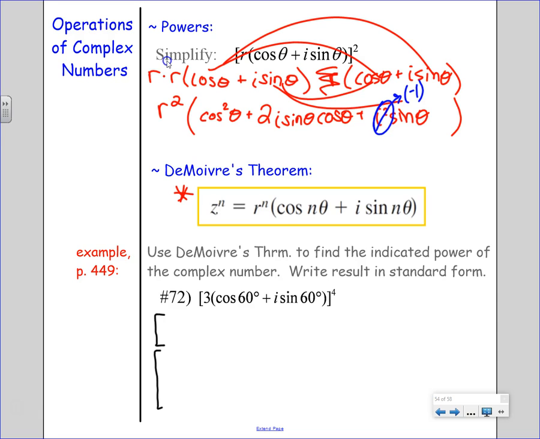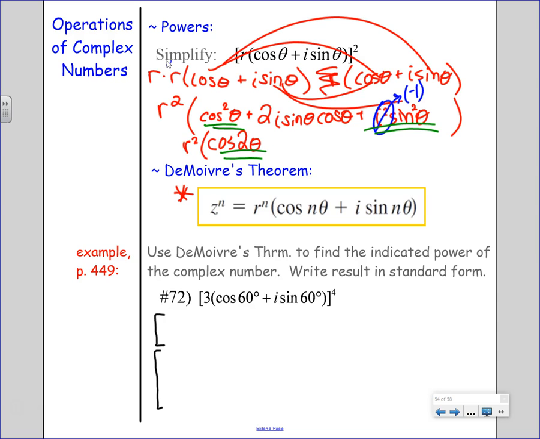Because then what I can do is say cosine squared minus sine squared. Oops, I didn't write the squared. Cosine squared minus sine squared. Some of you might remember that's a double angle property, the double angle property of cosine 2 theta, from the last chapter.